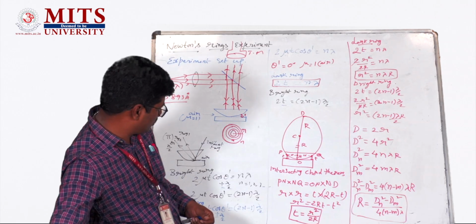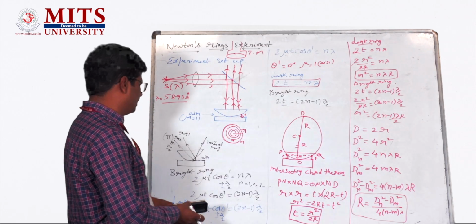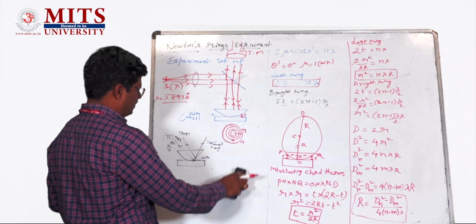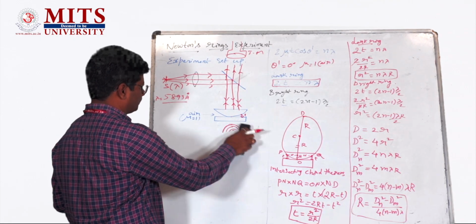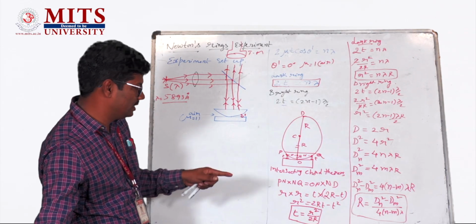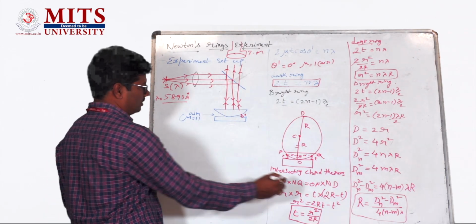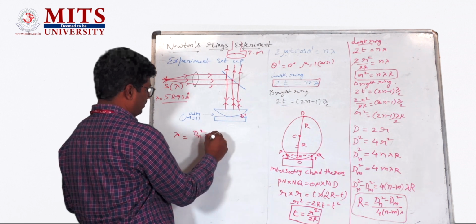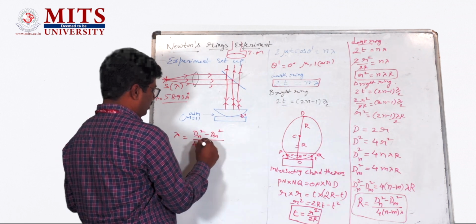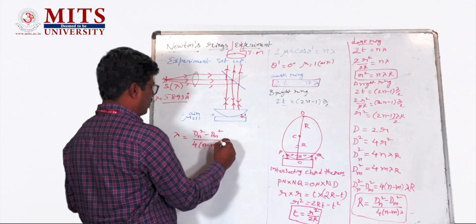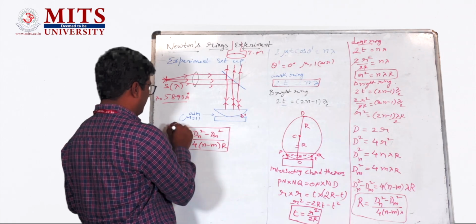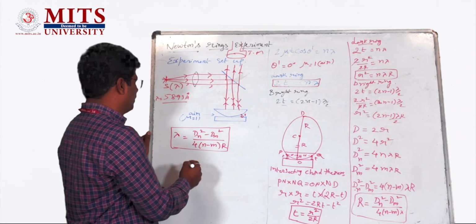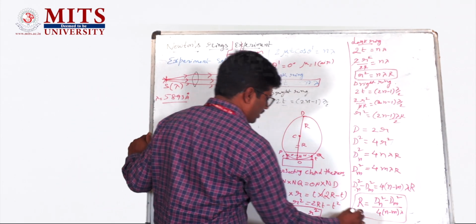Then I can simply take the same equation, and from here I can find lambda is equal to Dn square minus Dm square by 4 into (n minus m) into capital R. That's very simple.